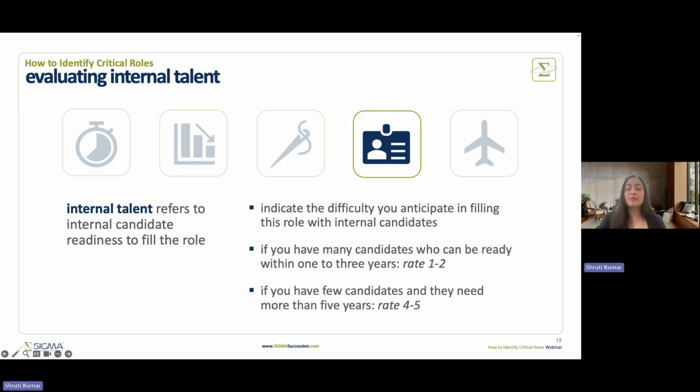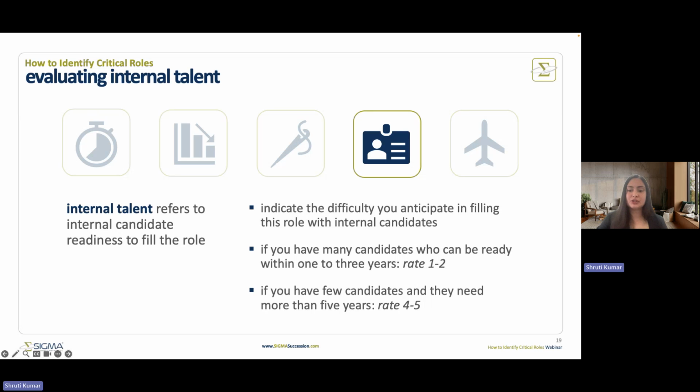If you have multiple succession candidates who will be ready within a couple of years, you could rate them lower. But if you don't have many candidates, or those that you do have wouldn't be ready for several years, you could rate this a little bit higher. And of course, if you have absolutely no possible succession candidates, you could rate this a 5.